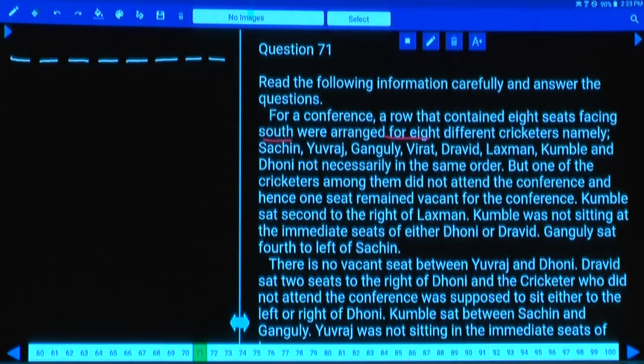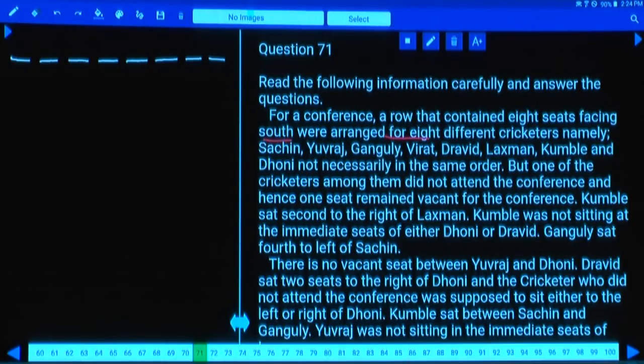Dravid, Kumble and Dhoni. Then, how many persons are there? 1, 2, 3, 4, 5, 6, 7 and 8. A row contained 8 seats facing south, arranged for 8 different cricketers, namely Sachin, Yuvraj, Virat, Dravid, Lakshman and Dhoni, not necessarily in that order, but one of the cricketers among them did not attend.